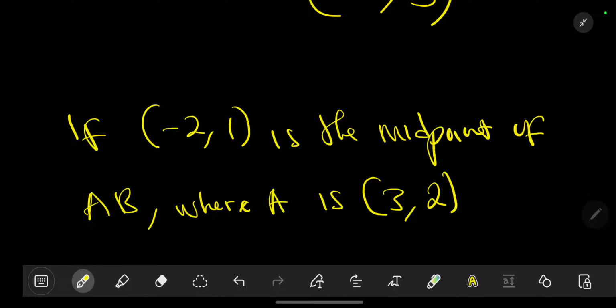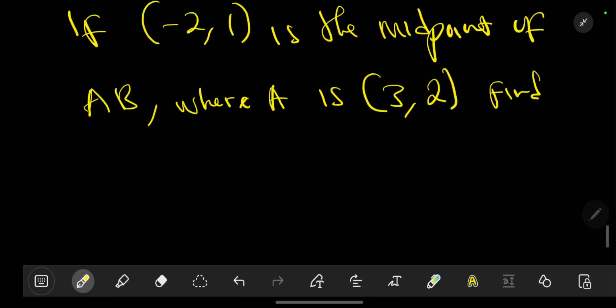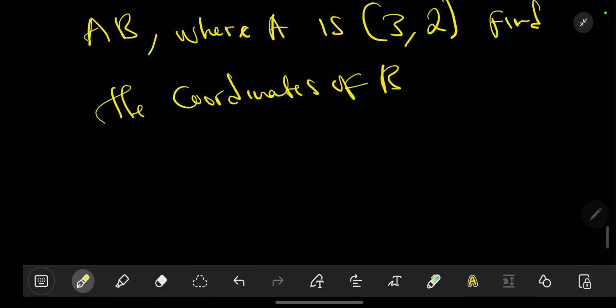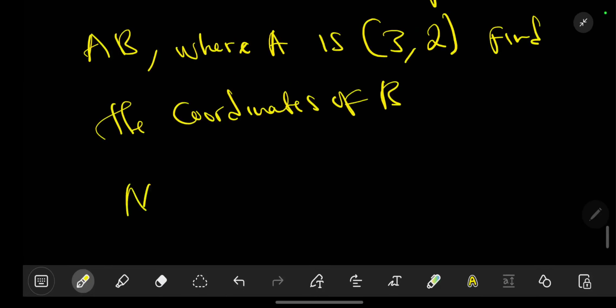Let's say we have been told this is the midpoint of AB, where A is this, and we are required to find the coordinates of B. So we know that the midpoint of AB, we have a straight line.